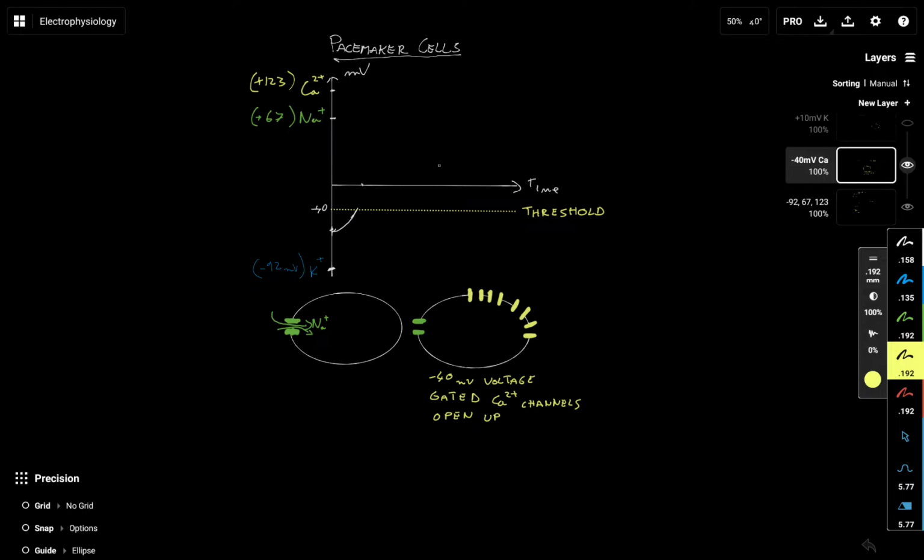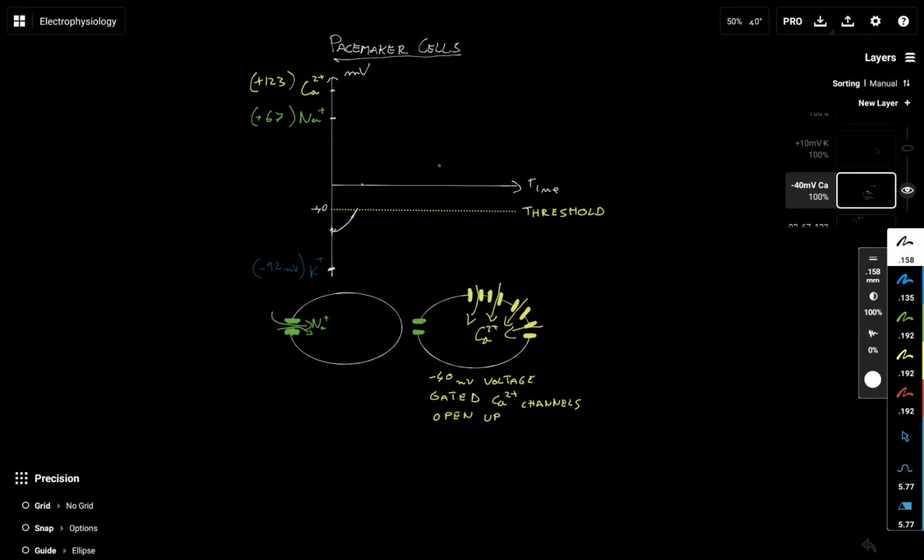If my voltage gated calcium channels open, what is going to happen? Naturally, I'm going to have a significant influx of calcium inside my cell, quite a lot. What is this going to do to my action potential? Naturally, it's going to push it up even further, and faster than it did originally.